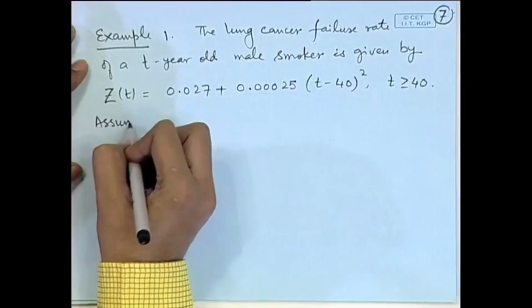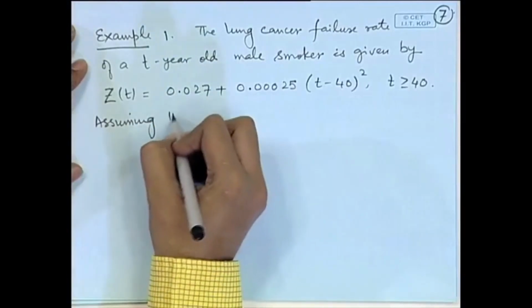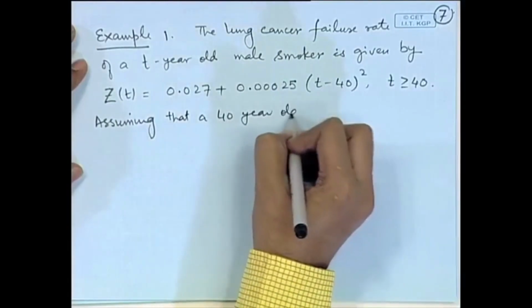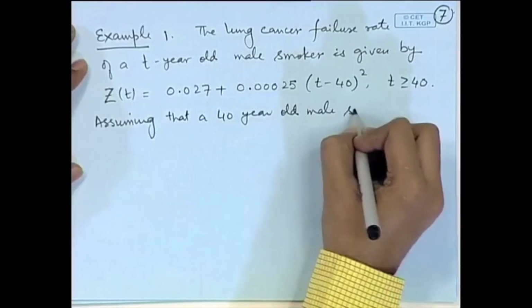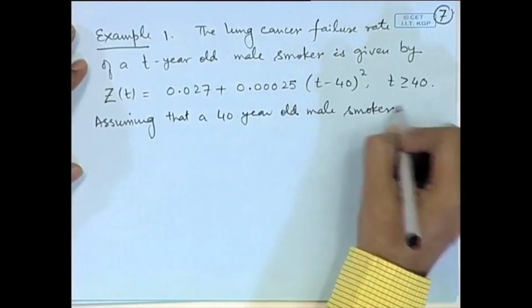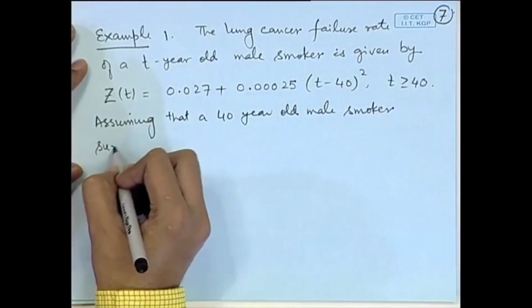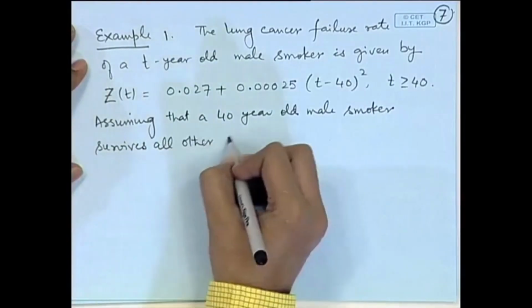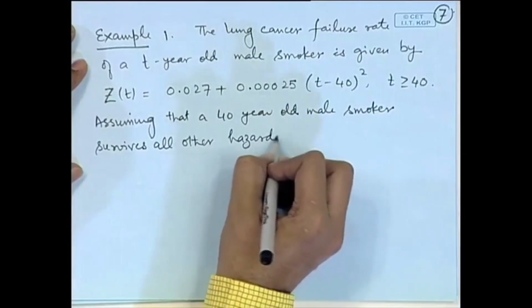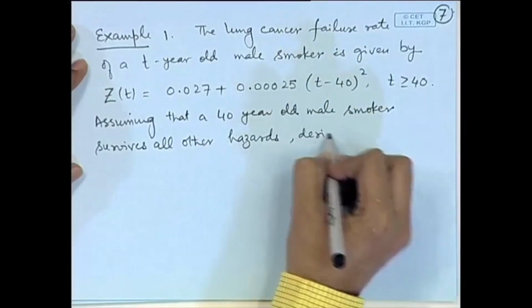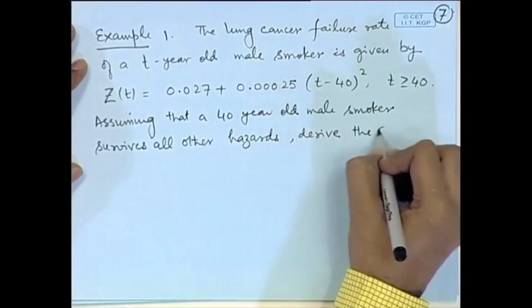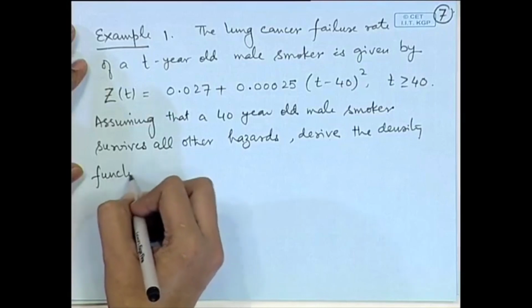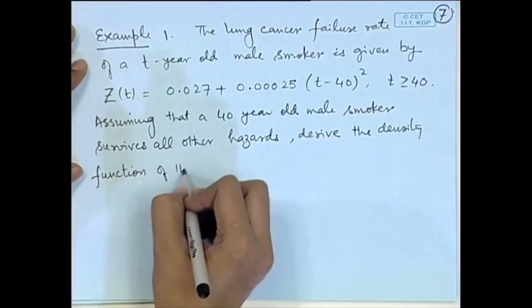Assuming that a 40-year-old male smoker survives all other hazards, derive the density function of the life.